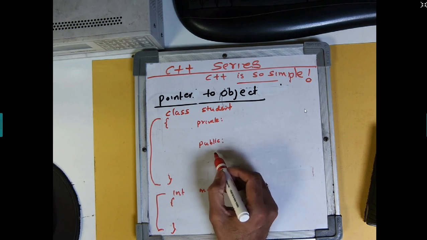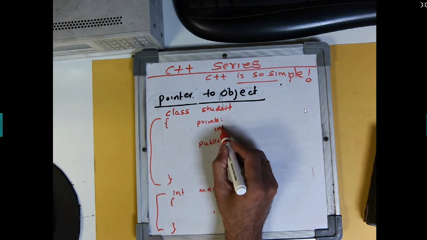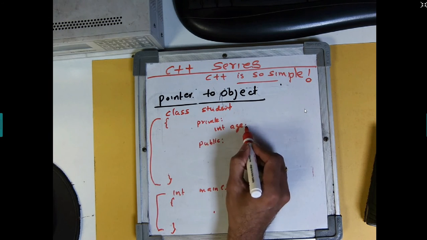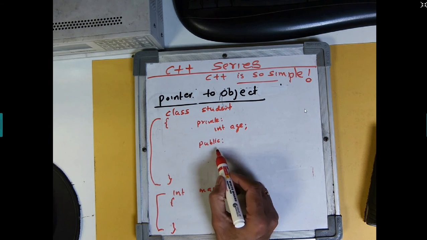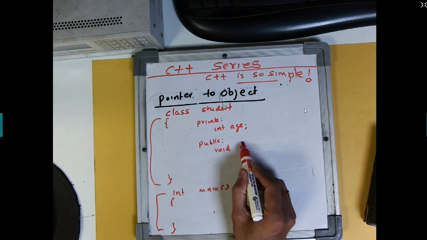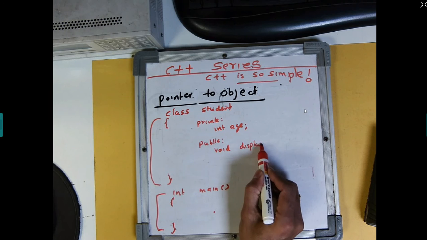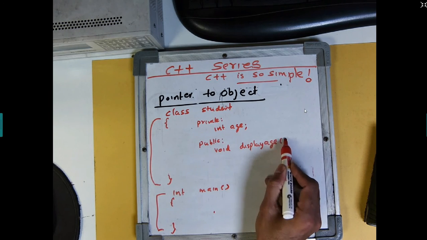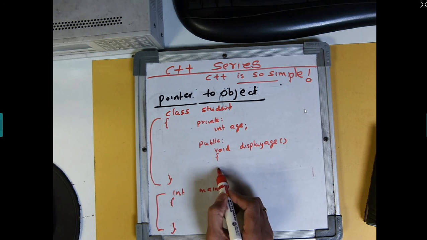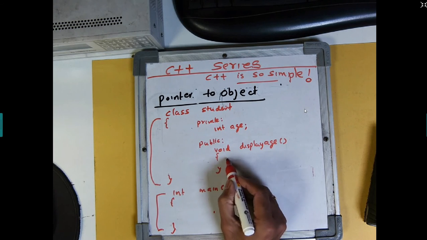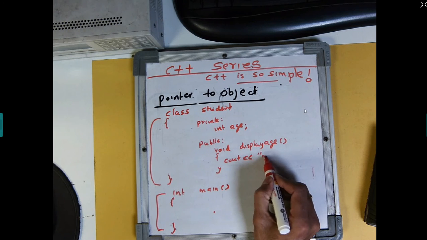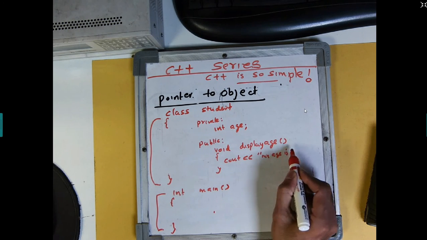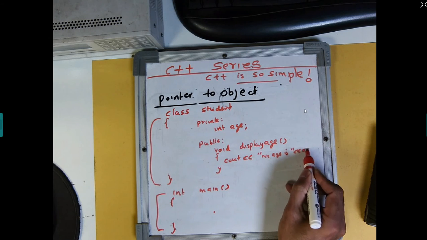Now, had I got an integer age here, and now I wanted to create a function here, void display age. Now I can write here cout, print out, my age is age.